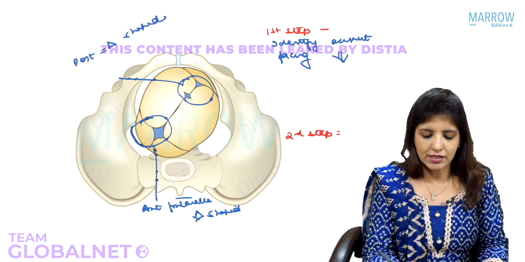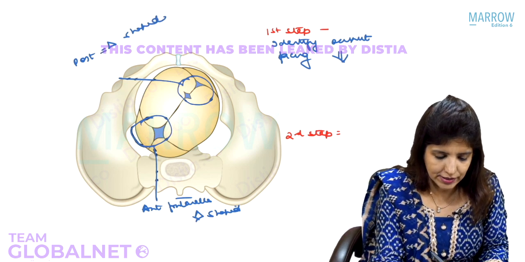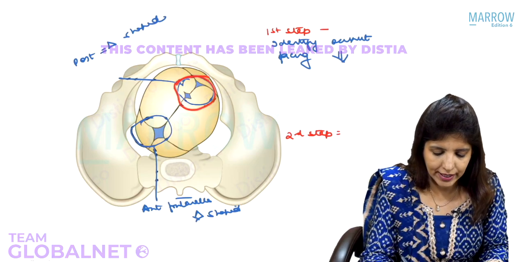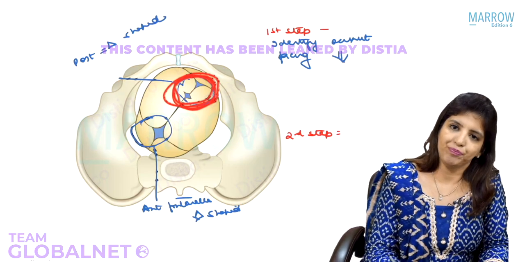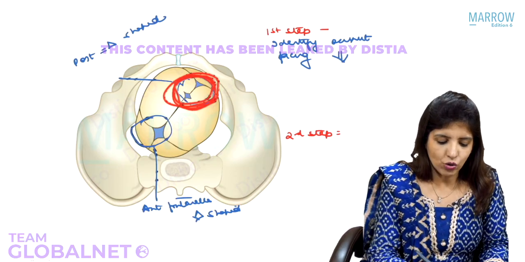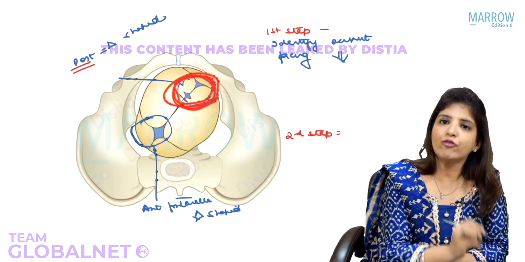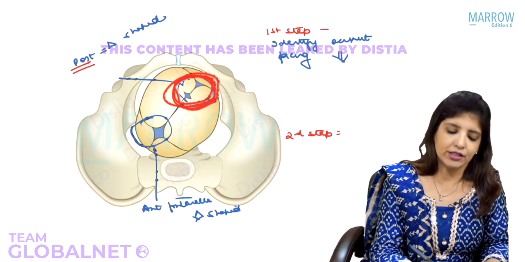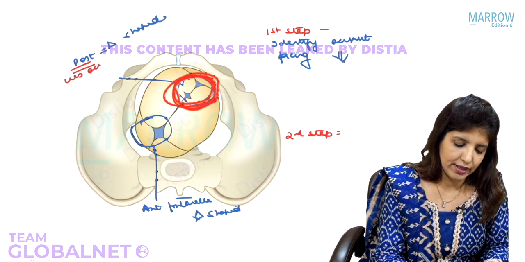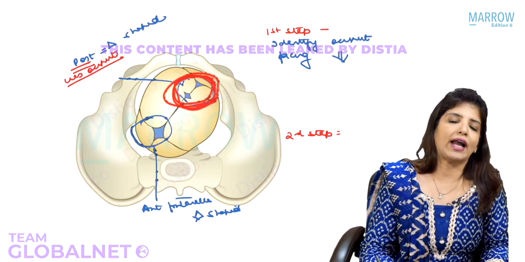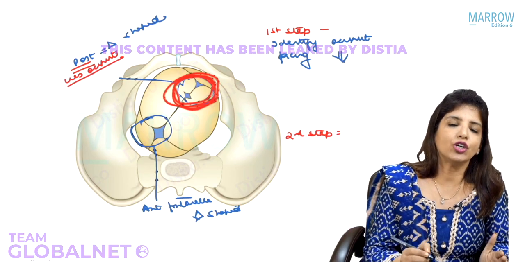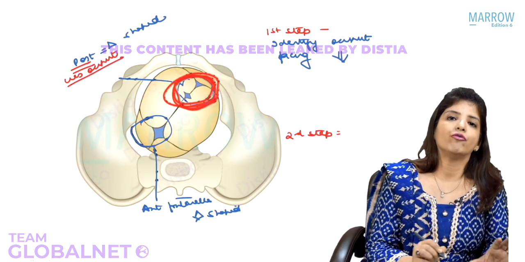So over here, what I am now marking in red color is the posterior fontanelle, right? And I told you it is the posterior fontanelle which lies near the occipital bone. It lies near the occiput. So I have to look at the position of the triangular shaped fontanelle.